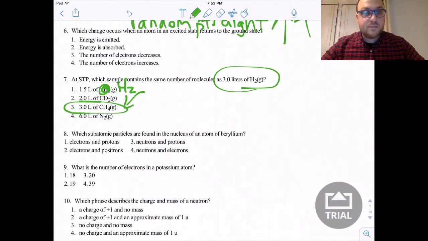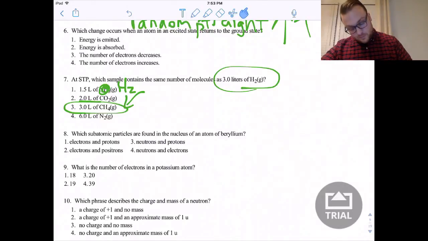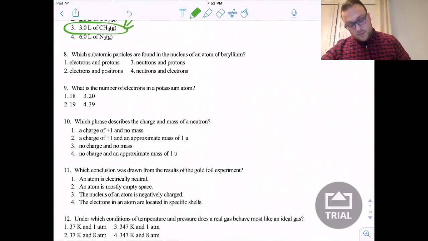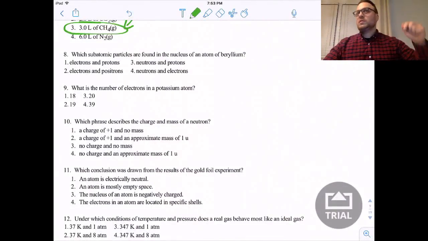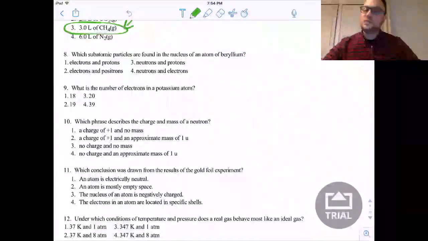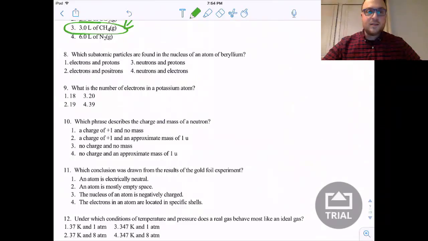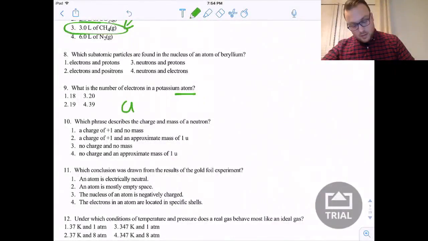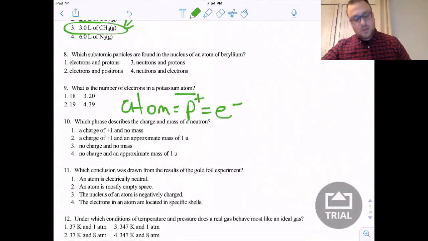Atoms versus ions. So someone asked to go over ions. I'm going to go over ions because we're still at best with ions. Atom. You see the word atom. That means your protons equal your electrons. So don't look at the charge on the periodic table.